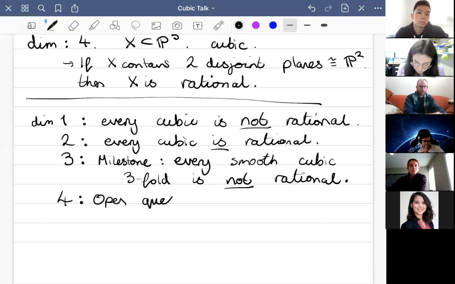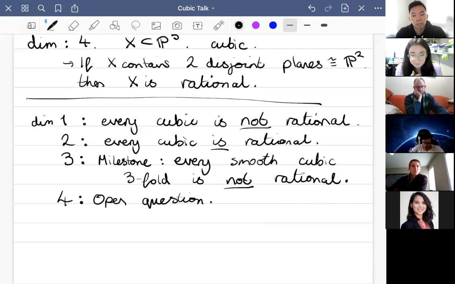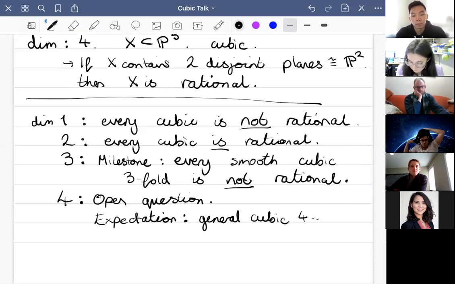From the remark above, some cubic fourfolds must be rational, because we can definitely find some of them. You could even write one down that contains two disjoint planes. The expectation is that this is very rare. The expectation is that the general cubic fourfold, if you looked at the space of all cubic fourfolds and picked one blindfolded, will not be rational.